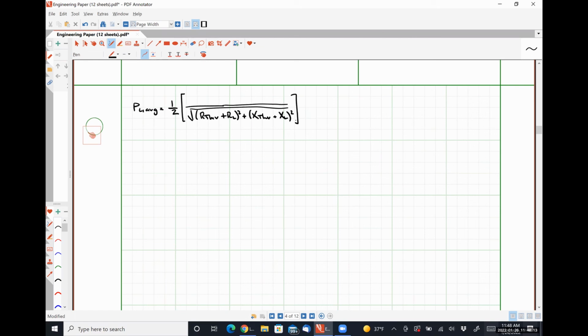Then I'll do my numerator: magnitude of V Thevenin times the square root of RL squared plus XL squared. That's the V term. Now I'm going to do the I term, so I have that same denominator.